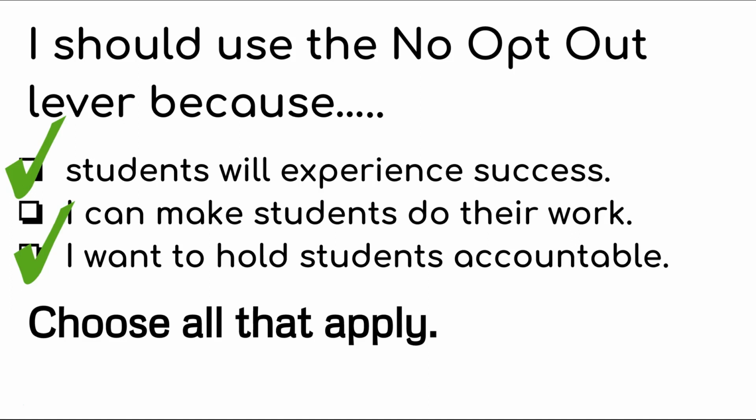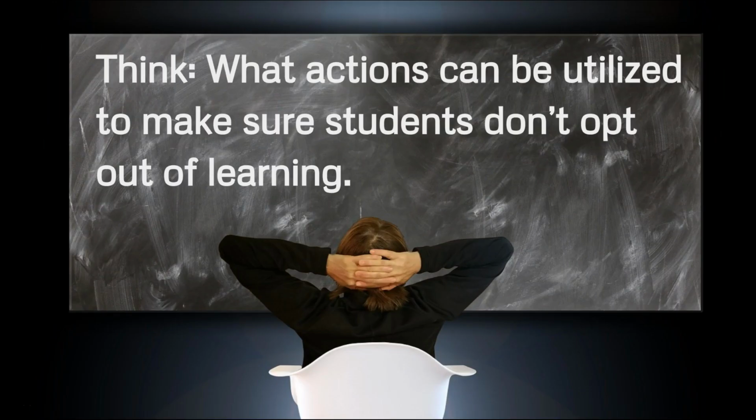Right. You use the no opt-out technique in order to hold students accountable for learning and to give them opportunities to experience success. Alright, think. What actions can be utilized to make sure students don't opt out of learning?